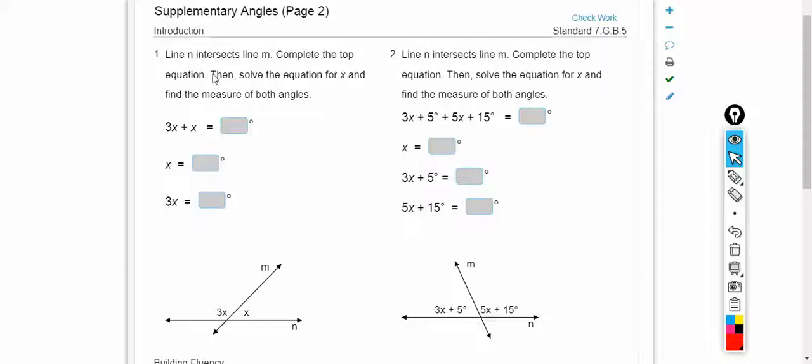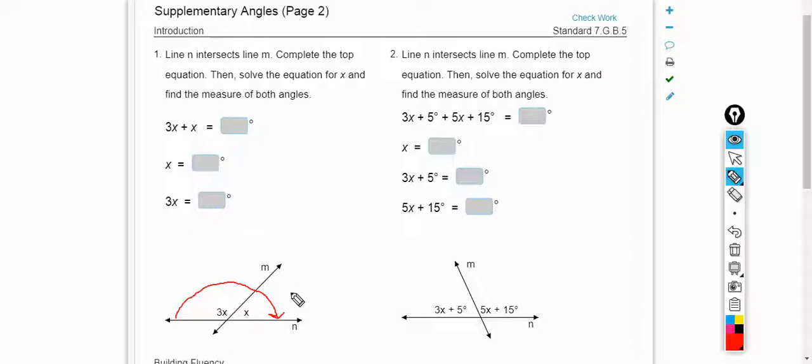It says line N intersects M, complete the top equation, then solve the equation for X. Find the measure of both angles. So sketch this in your notes. I'm not going to draw it over here because we need that space, but in your notes, get a protractor and draw this angle.